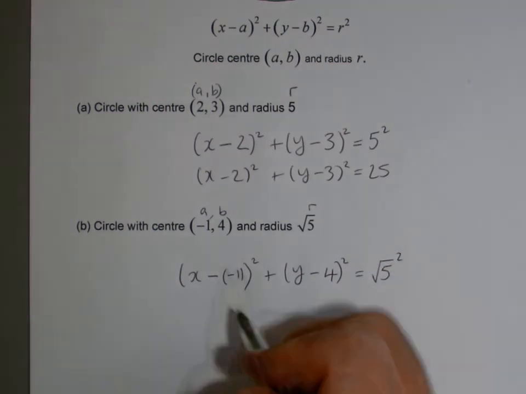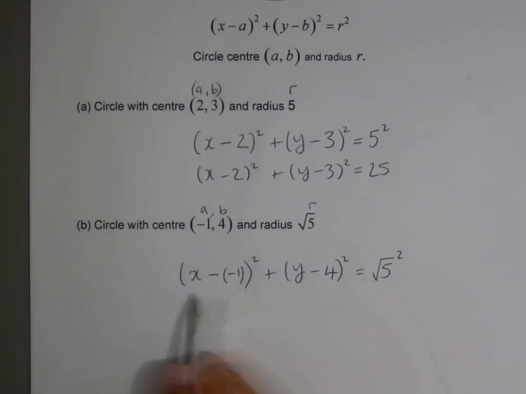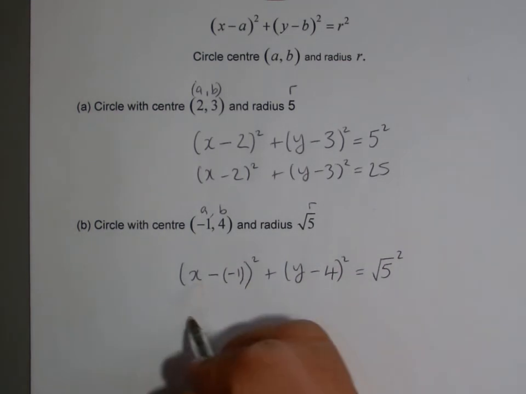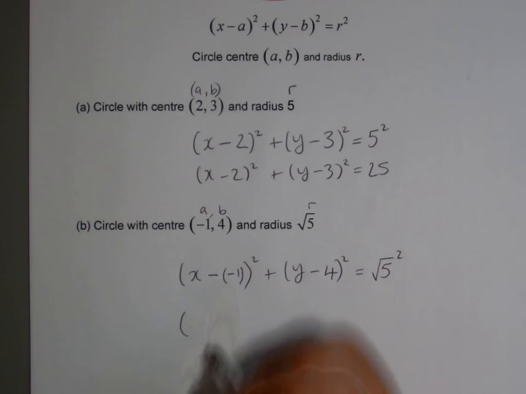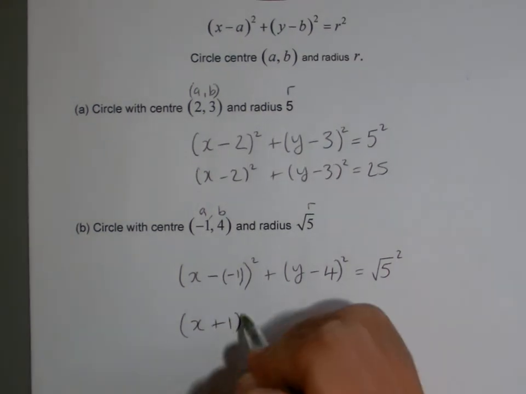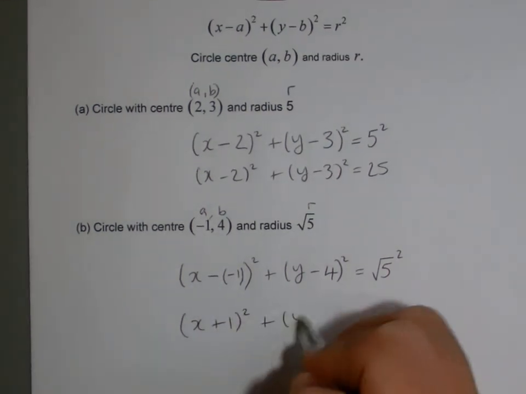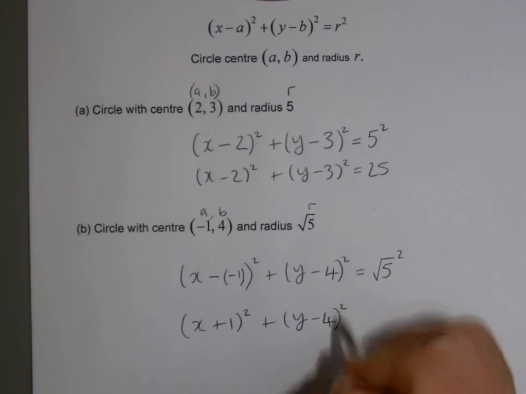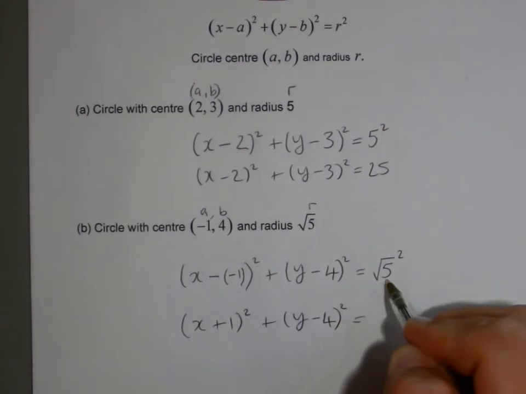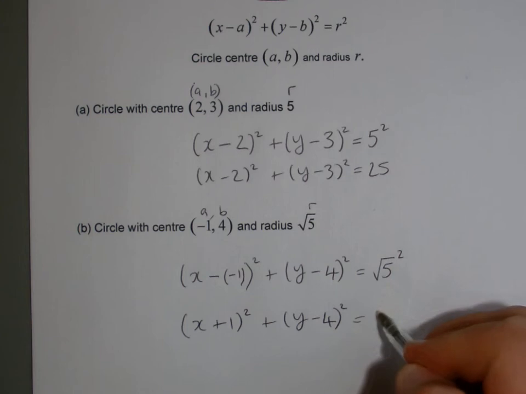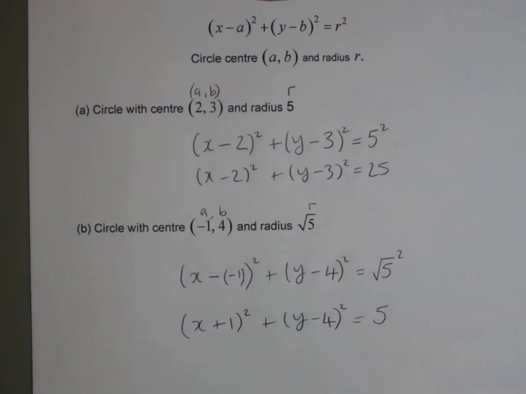When it comes to simplifying, in that bracket you've got a double negative, which becomes a positive. That one stays as it is, and then you're squaring a square root, so they cancel each other out, and you just end up with 5 there.